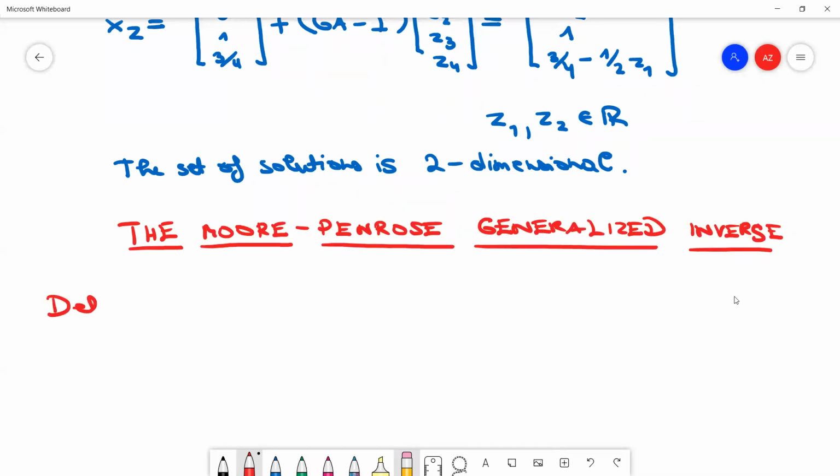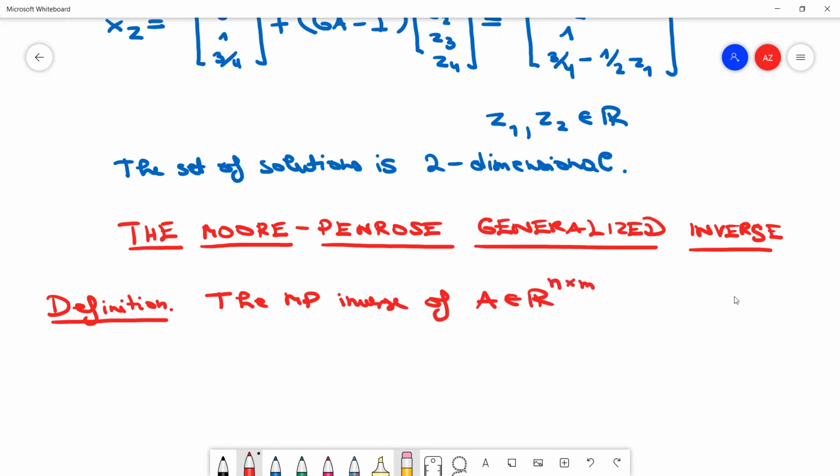So let's just write the definition for the beginning. For short, we will write it as MP. So the MP inverse, generalized inverse of a matrix A, again with n rows and m columns, is any matrix A plus.